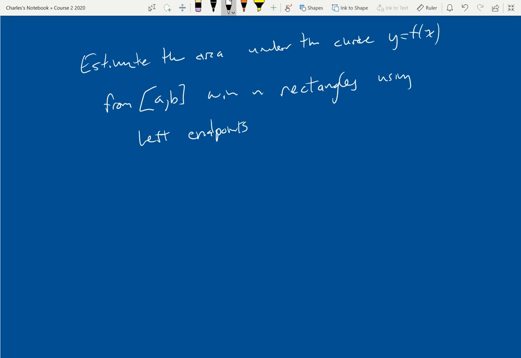And I'm just going to go straight to the summation notation. And what would it look like?